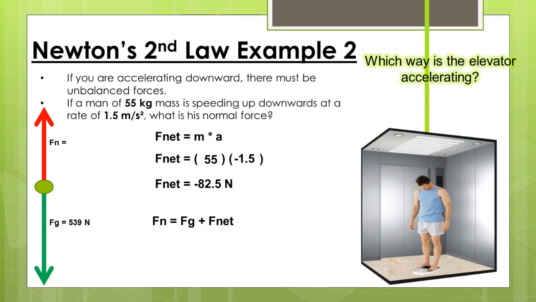So I'm going to plug in 539 for gravity plus that negative 82.5, that negative net force. That's going to give me a normal force of 456.5 newtons. This is reasonable because we already determined that the upward force, the normal force, should be smaller.